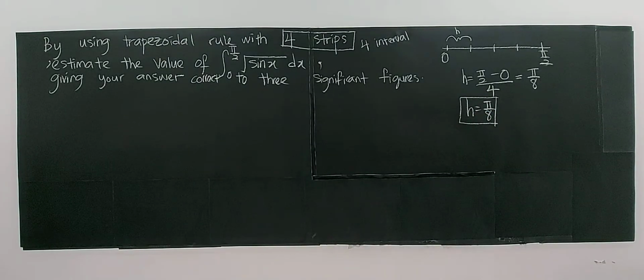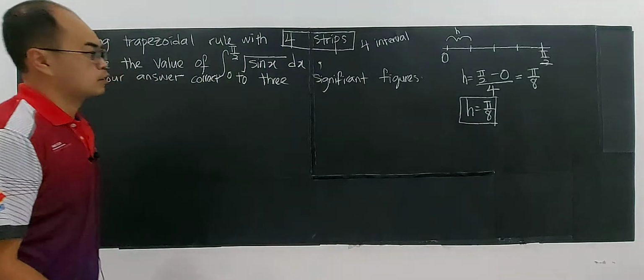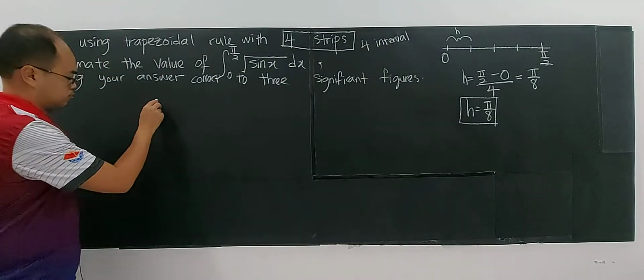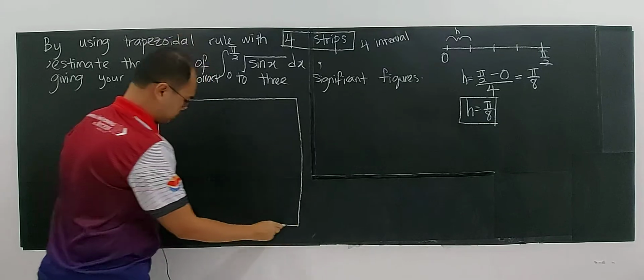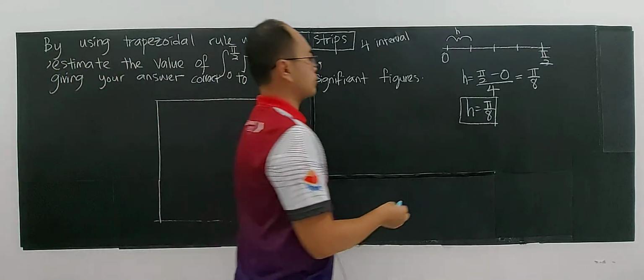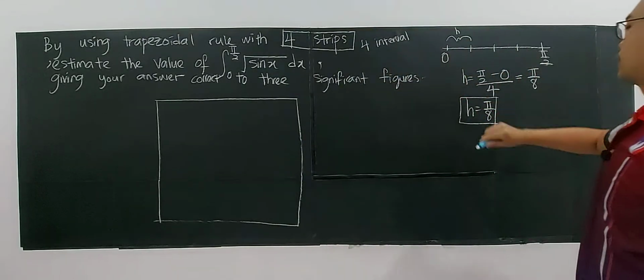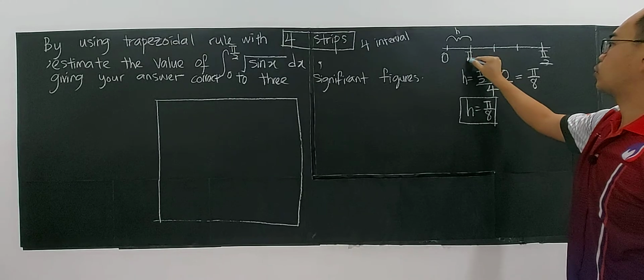For now, we're going to construct a table. Before that we have to know all the x values. As you know, 0 plus pi over 8 gives pi over 8.